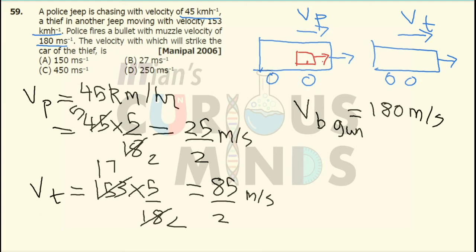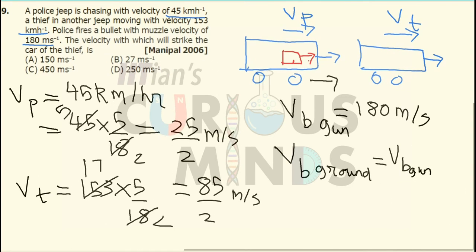But now the jeep itself is moving, so the velocity of the bullet with respect to ground will be equal to the velocity of the bullet with respect to the gun plus the velocity of the jeep. The velocity of the police jeep is Vp.